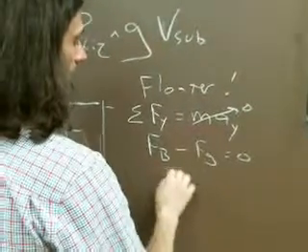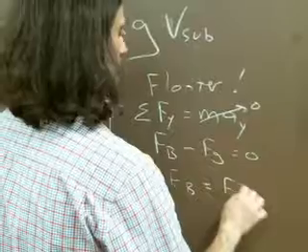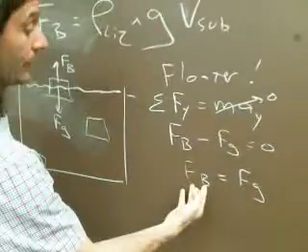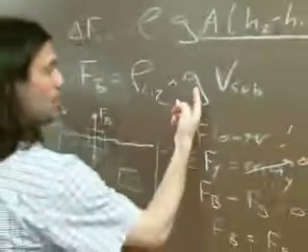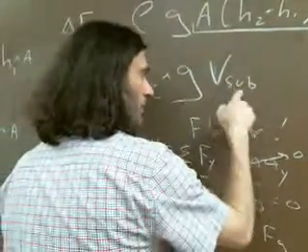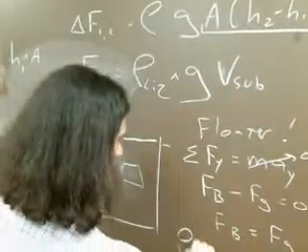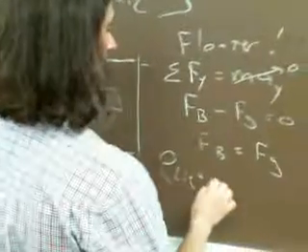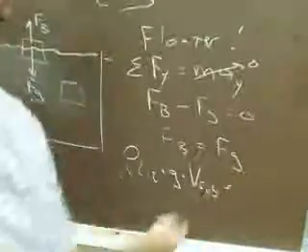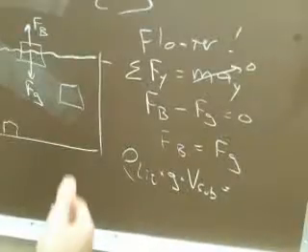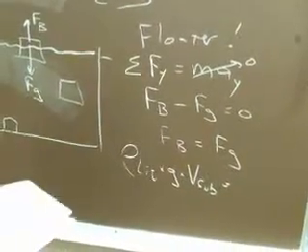Buoyancy equals gravity. Buoyancy, we just said, is rho of the liquid times g times the volume that's just submerged. That is equal to the force of gravity, which we would say is mg.